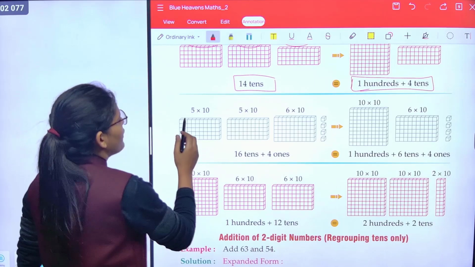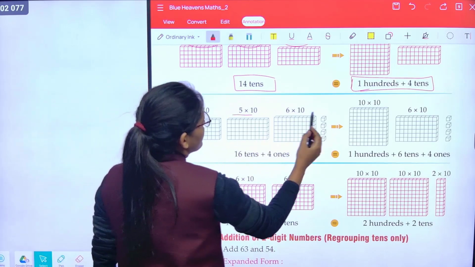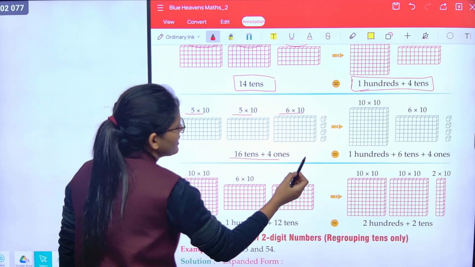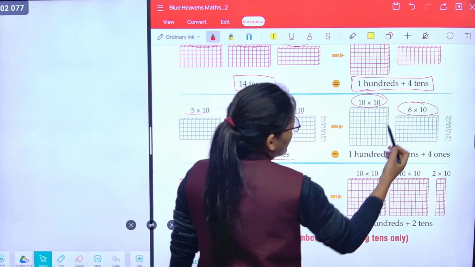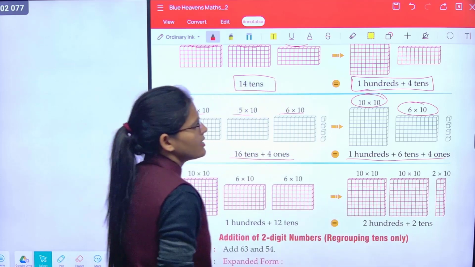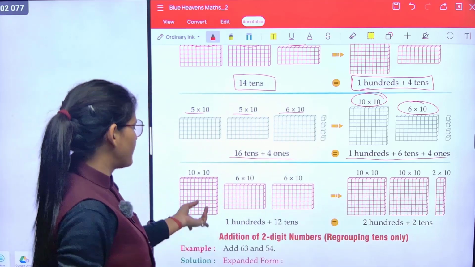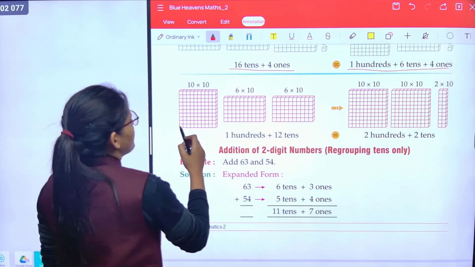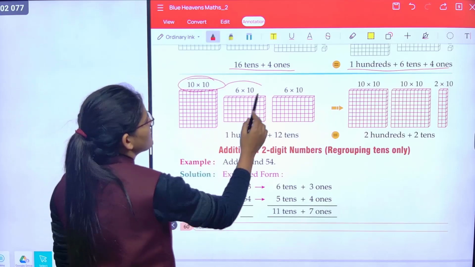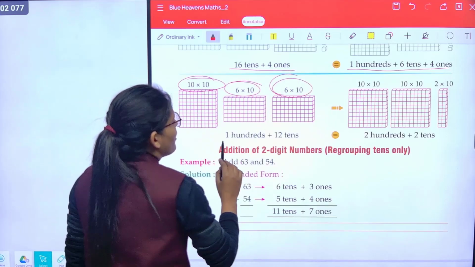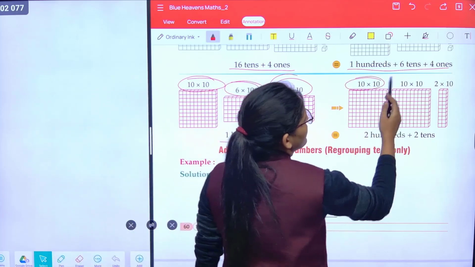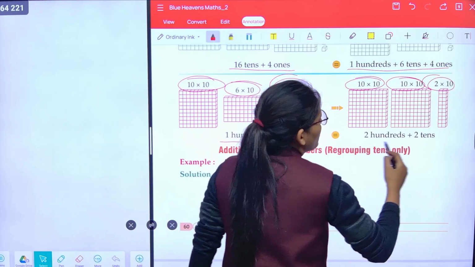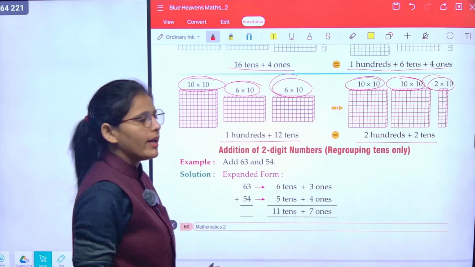Now see, 16 tens plus 4 ones, that is 1 hundreds plus 6 tens plus 4 ones. Now again, see, 22 tens, that is 2 hundreds plus 2 tens.